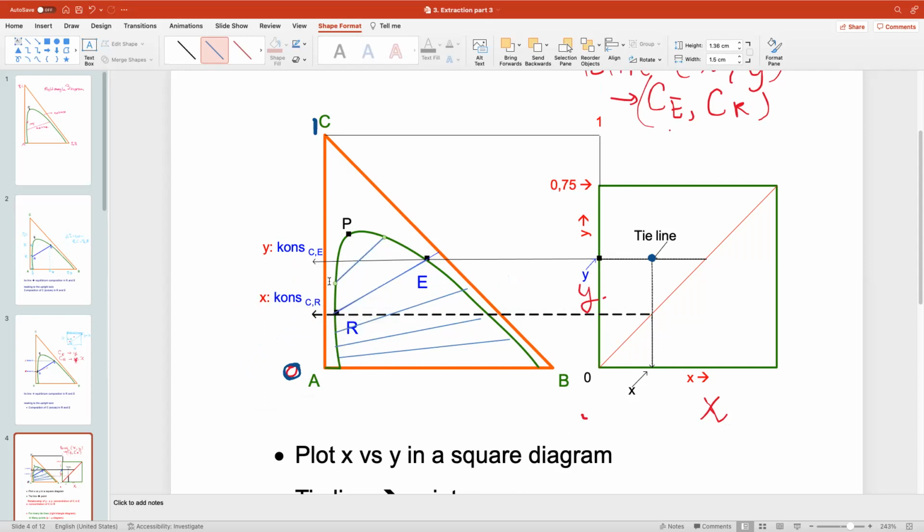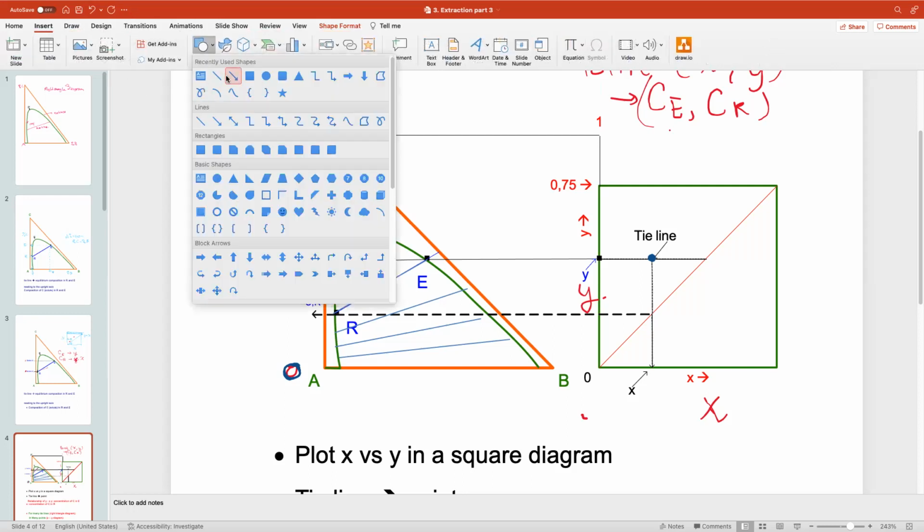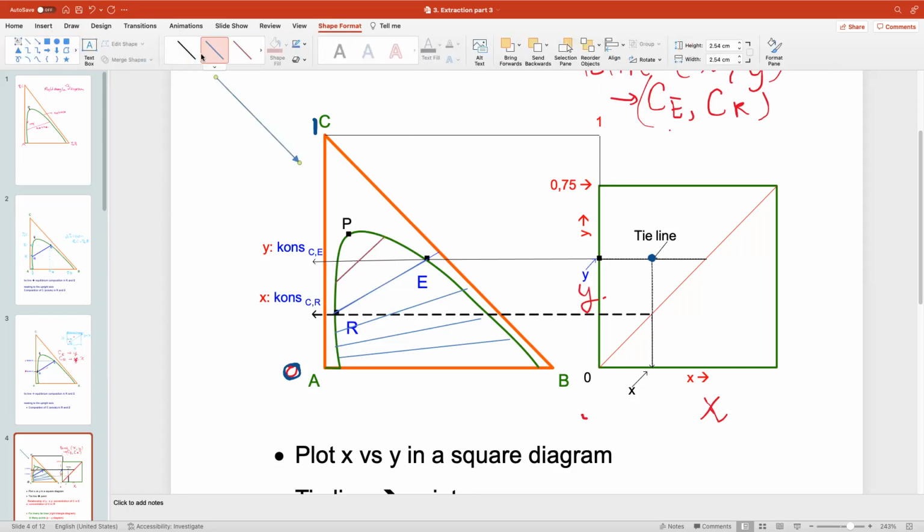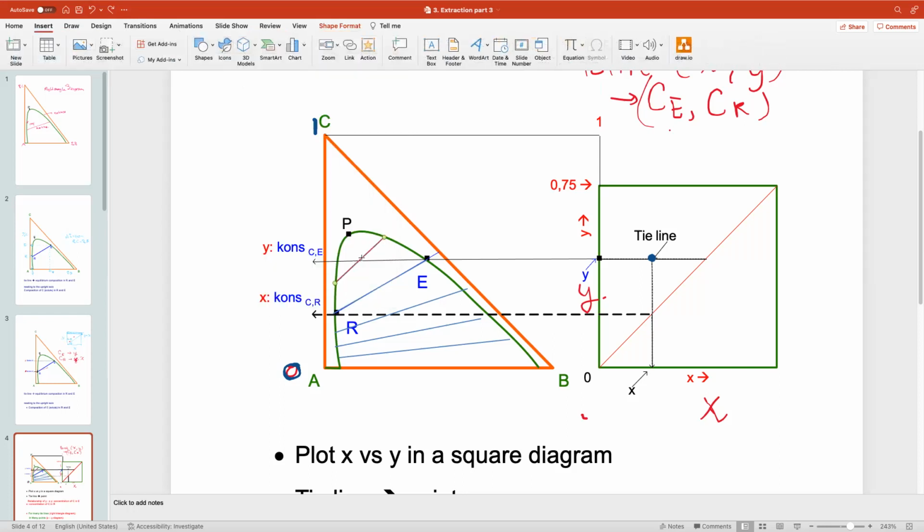An example, this is a typical tie line. So how do we construct them? First, let's just see the higher one. For example, first we draw the C.